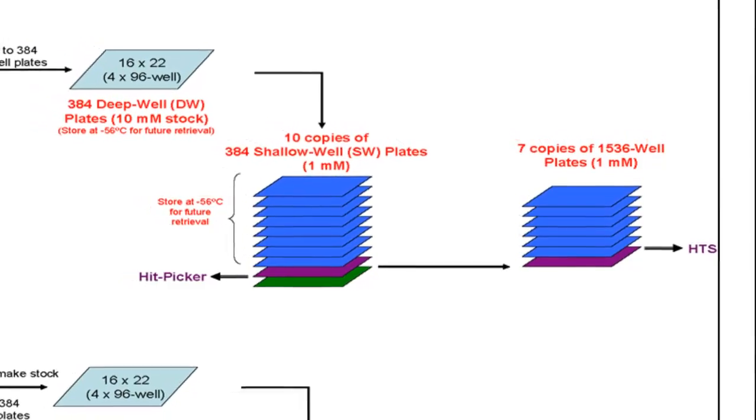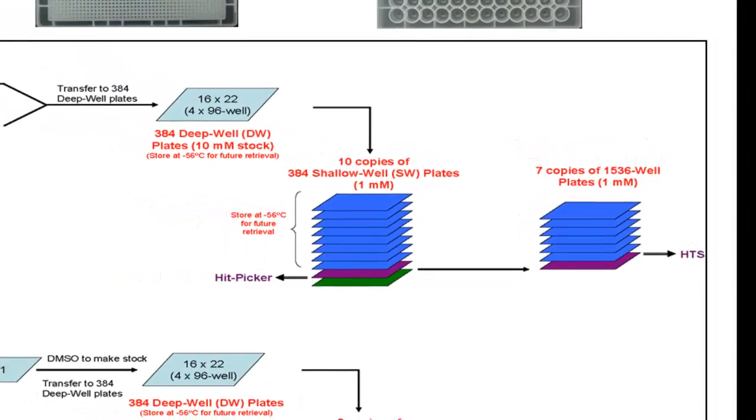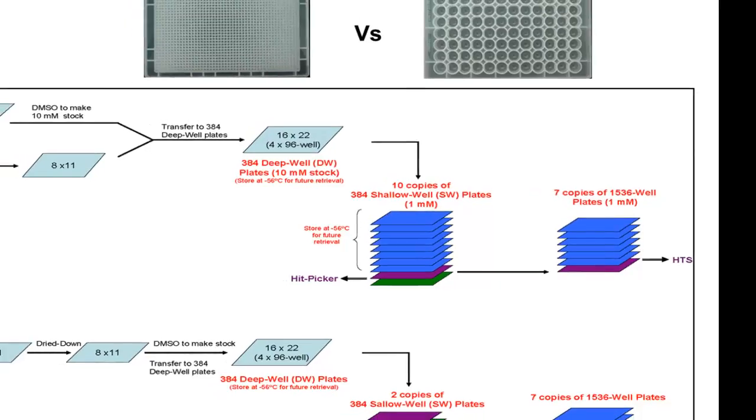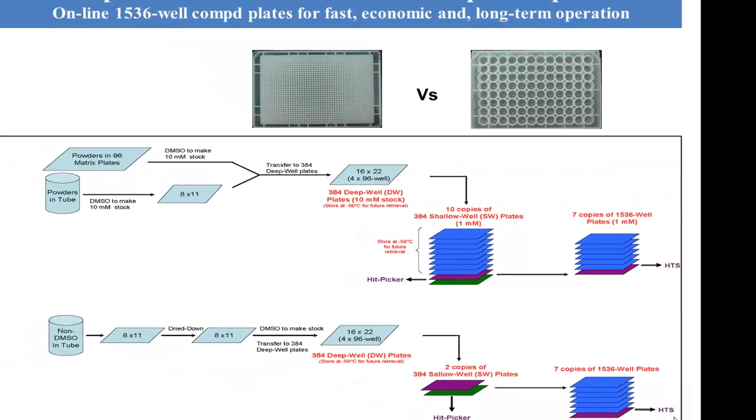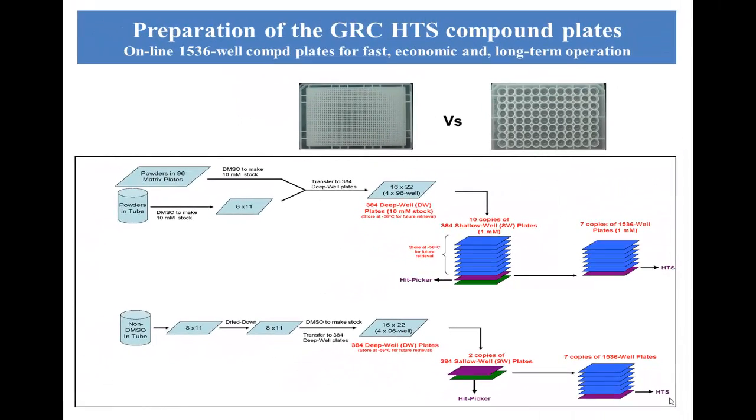By doing so, from 1 milligram of compound powder that comes to us, we can make many copies and estimate it to last for 12 years. So this is another reason I said our process is a very inexpensive high throughput procedure.